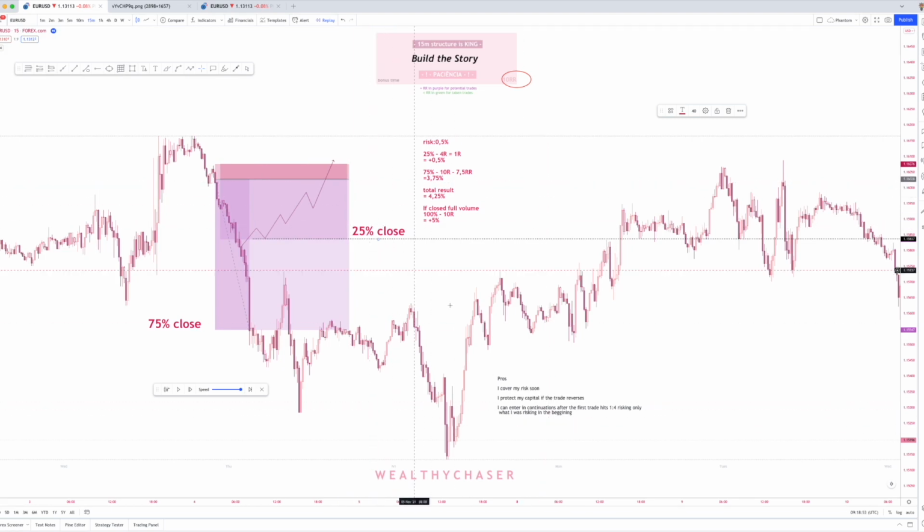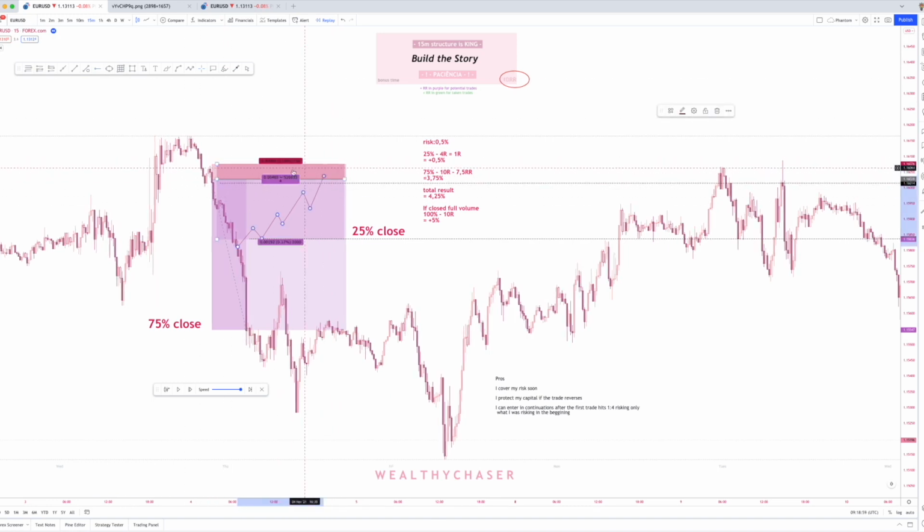So what are the pros of that too? When I don't move my stop to break even, if the trade comes here to mitigate something in the extreme, to continue down again, I make sure I remain in this trade. What are the cons of doing this type of exit plan?